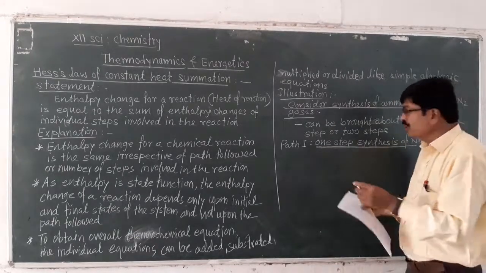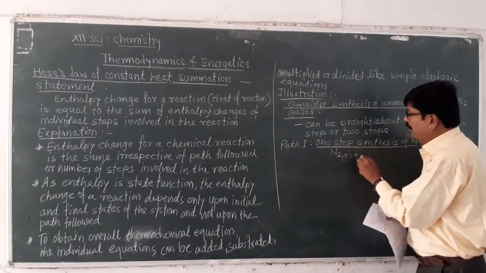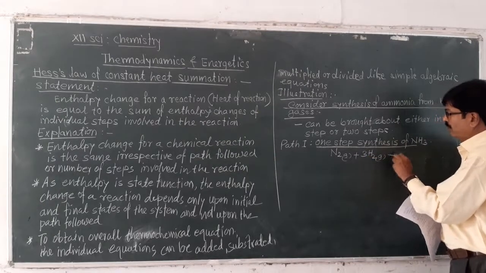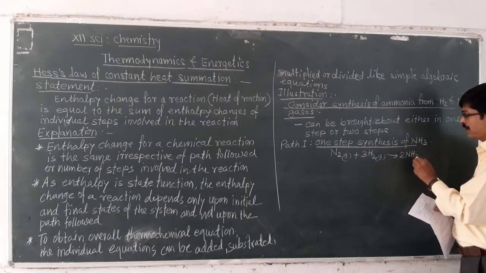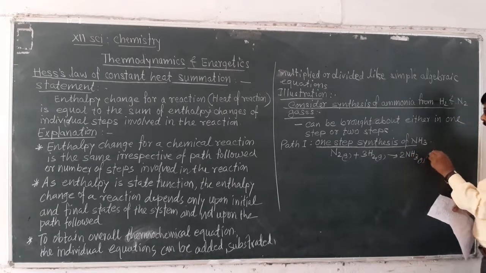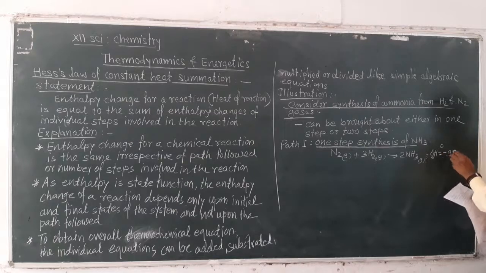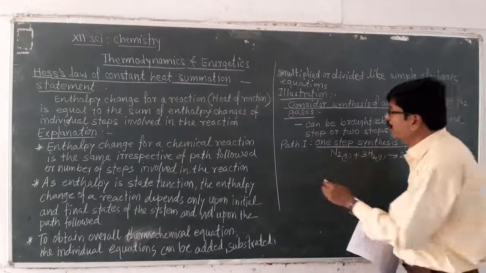Nitrogen and hydrogen gases in 1:3 proportion, when mixed together, give ammonia gas. And the enthalpy change of this reaction is minus 92.2 kilojoule. This is one way of synthesis of ammonia.